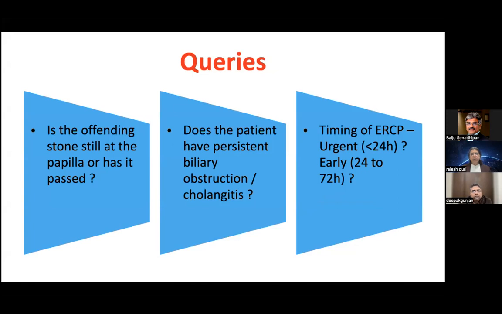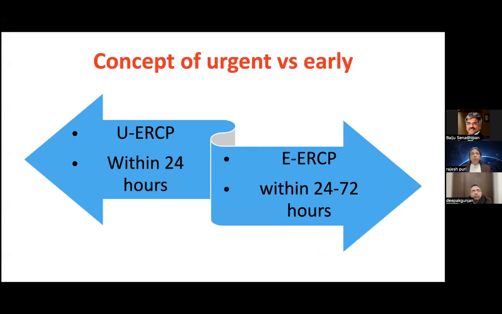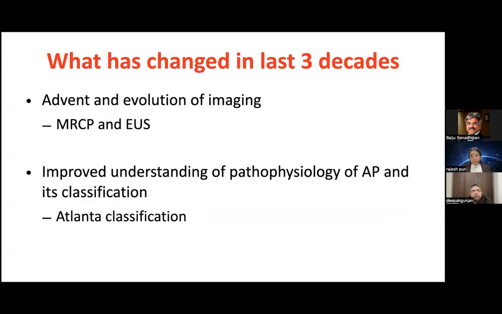Does the patient have persistent biliary obstruction or cholangitis? And what should be the timing of ERCP, less than 24 hours or early ERCP within 72 hours? These are the important queries. The concept of urgent versus early: urgent means within 24 hours and early means within 24 to 72 hours.